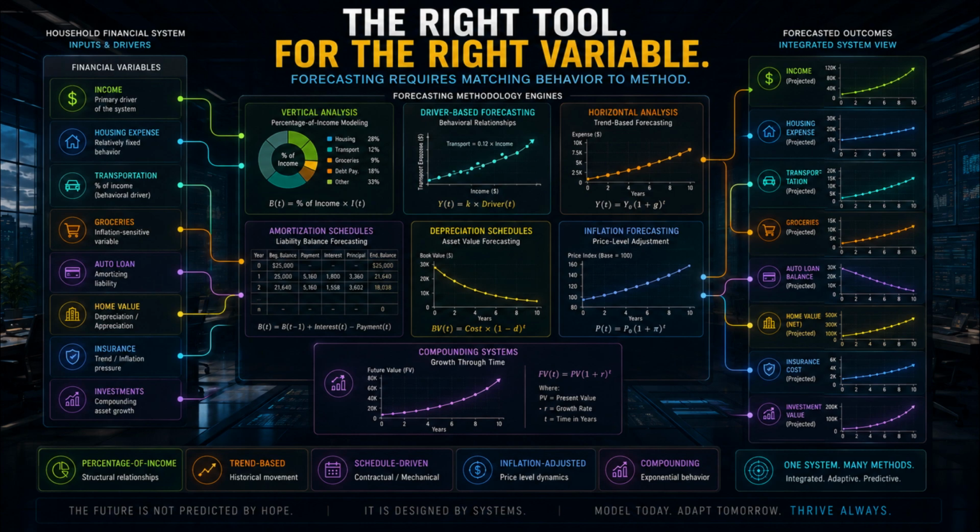Because forecasting is not about applying one equation to everything, it is about understanding how different financial structures behave through time, and then matching the correct mathematical tool to the correct financial behavior. This is where forecasting stops becoming simple projection and starts becoming financial systems engineering.